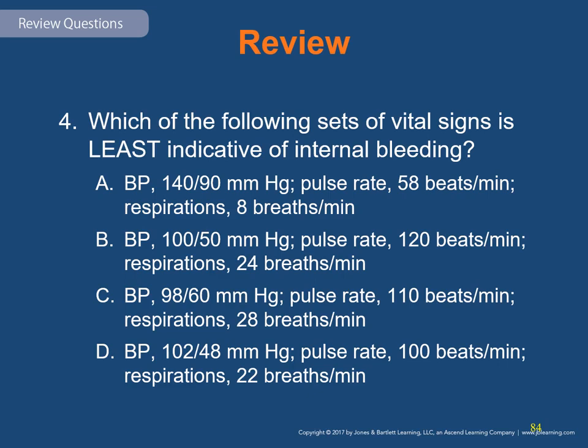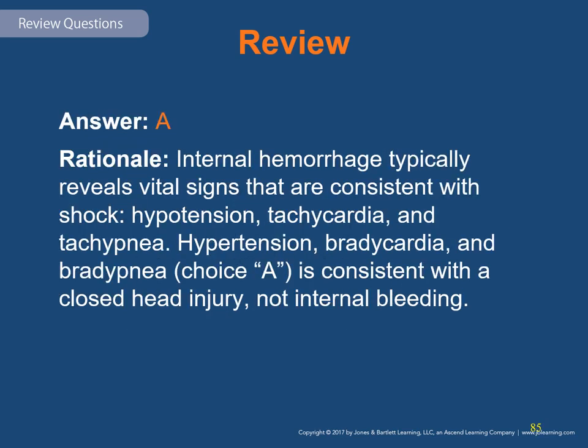Answer C. BP of 98/60, pulse rate of 110 beats per minute, and respirations of 28 breaths per minute. D. BP of 102/48, pulse rate of 100, respirations 22. The correct answer is A.